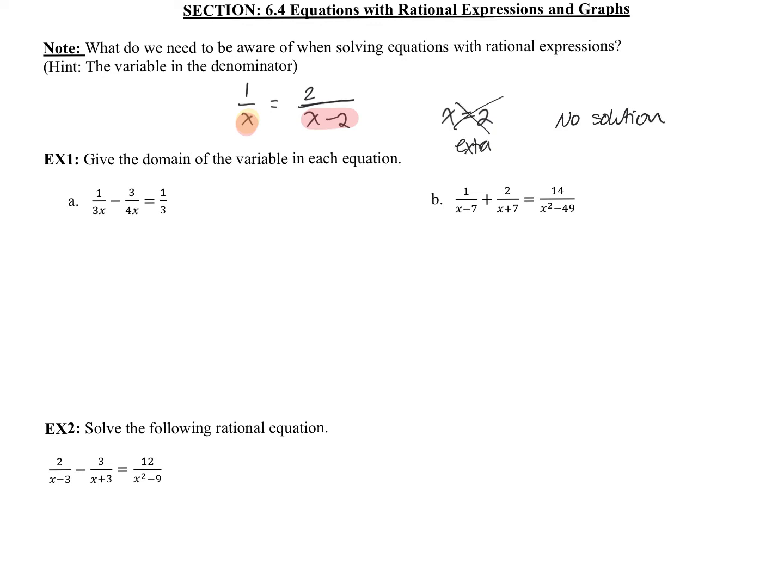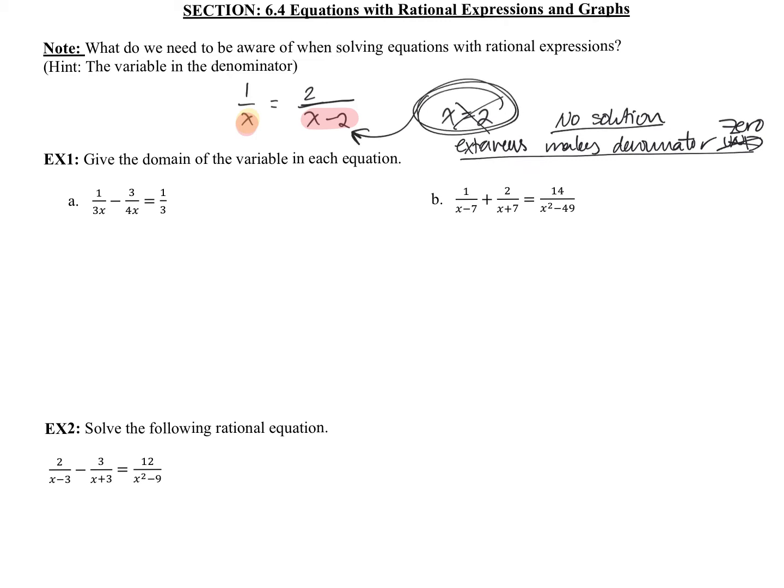Extraneous. You could say makes denominator undefined, which means you have 0 in the denominator, or makes the denominator 0. Different ways to answer. So state no solution and then state your reason if your answer makes your denominator equal to 0. So that's something to be aware of.